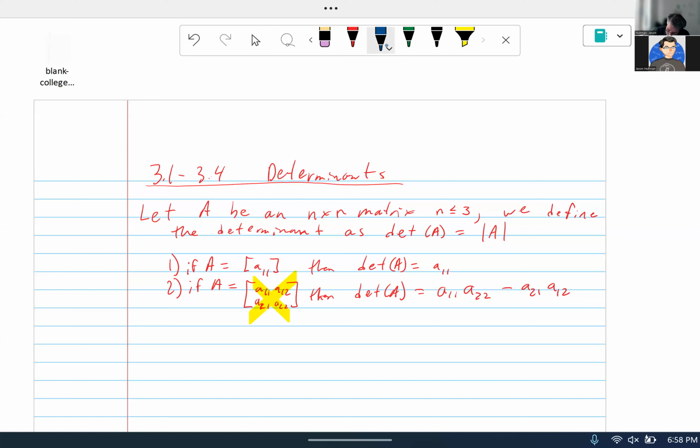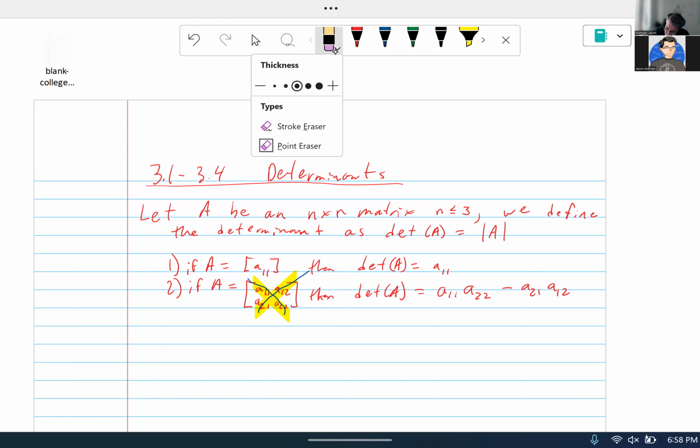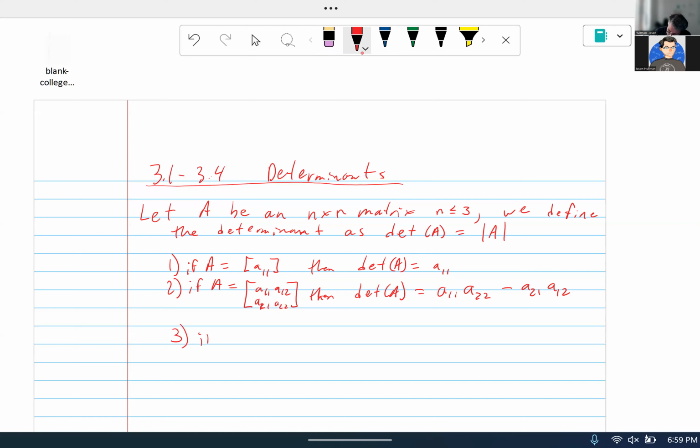If I go this way and then go around, it's A11 times A22 minus A21 times A12. So yeah, we kind of go around like so.